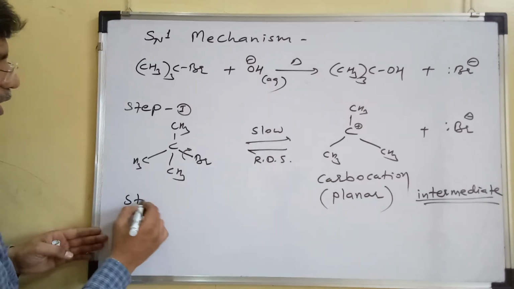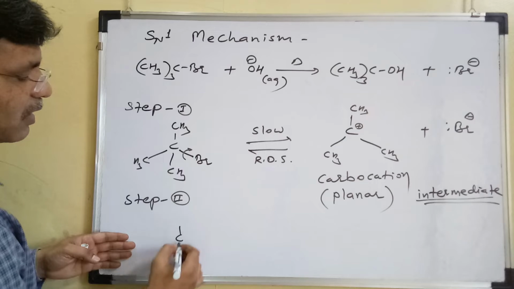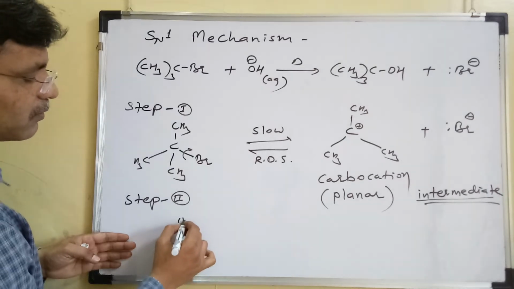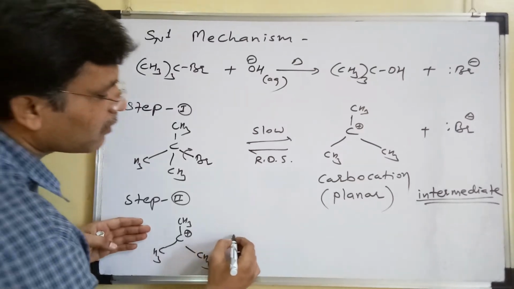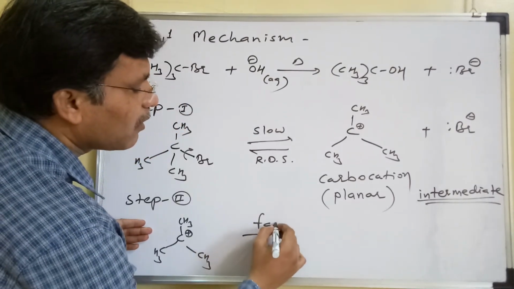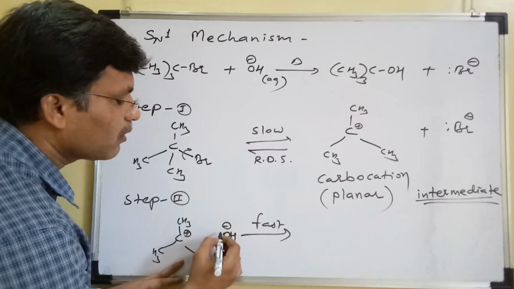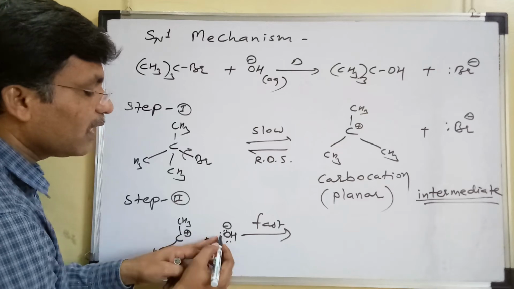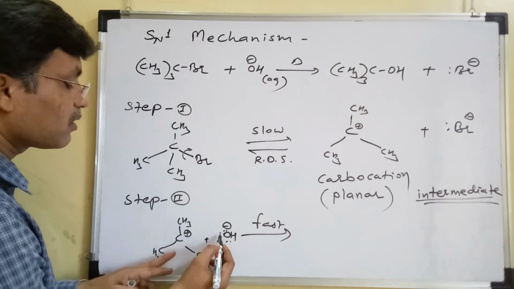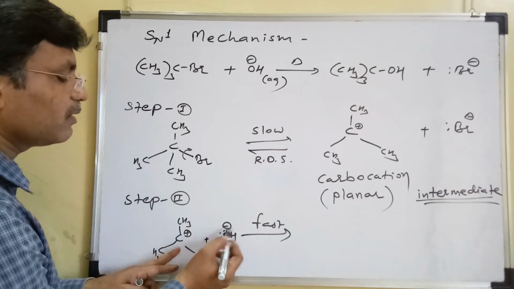Now step two: this carbocation is attacked by the nucleophile OH minus, in which this electron pair is used between this carbon and the oxygen of this OH.